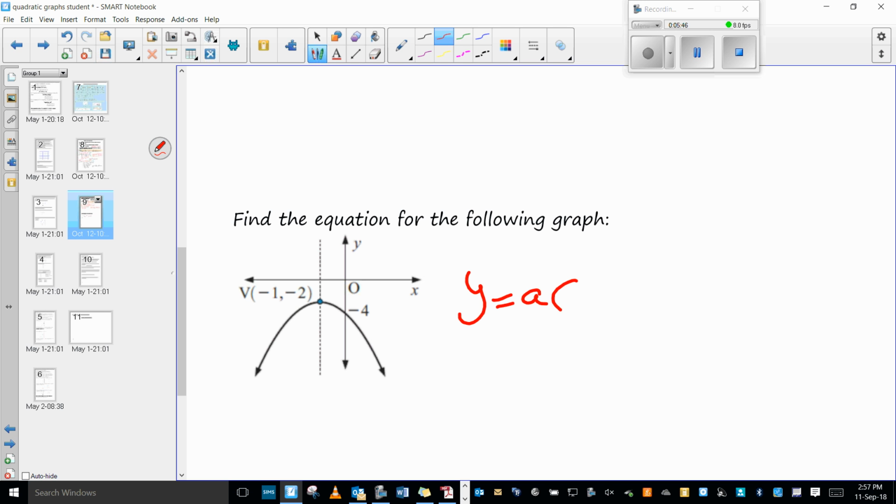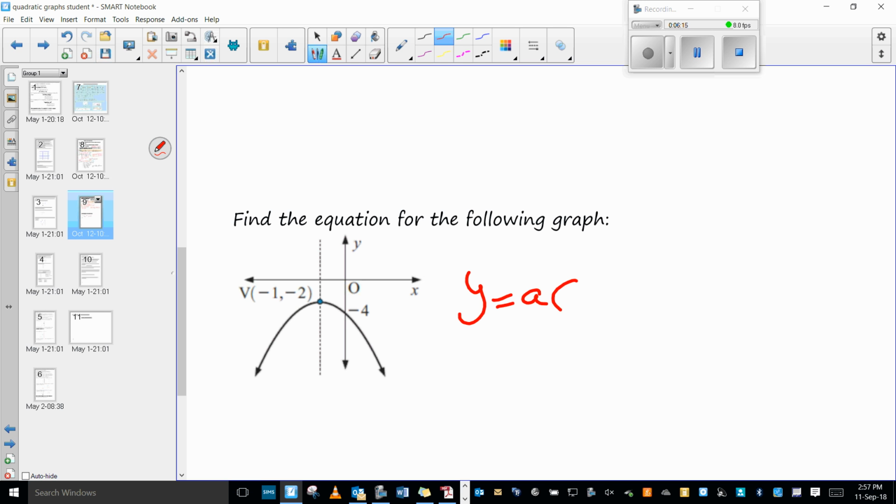Kiara. Y equals a bracket. Good reading. So it's the vertex format, so it's the example like just before. So it's the x minus h all squared plus k.